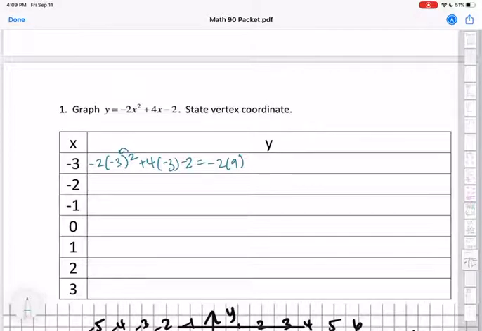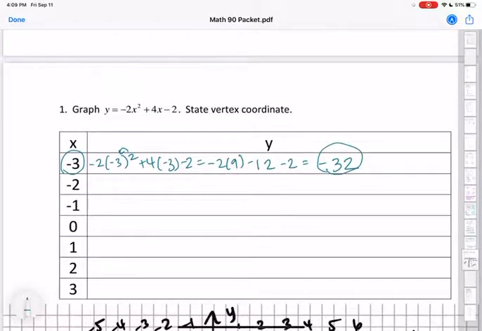So I have negative 2 times 9. Then I have 4 and negative 3, that's a minus 12, minus 2. And then I have negative 18 from the 2 times 9, minus 12, minus 2, I get a minus 32. So what this means is that would be a point on my graph at negative 3, negative 32.